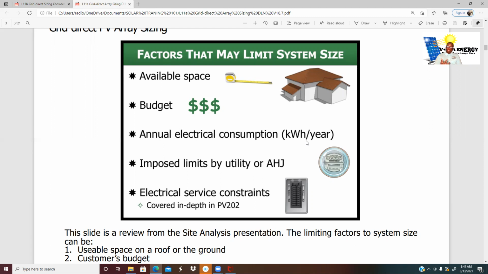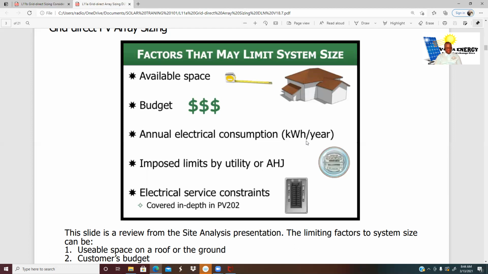Now, when it comes to sizing per budget, the installation company, that's us, factors into consideration the price of the PV module, that is your solar panel, the installation cost, material costs, and all other relevant costs associated with getting a system installed, and they divide that cost by watts.